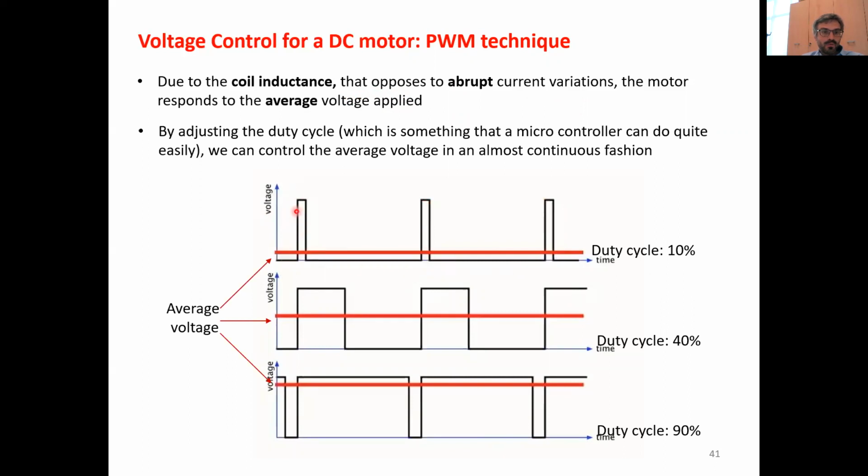So if we have a very short duty cycle, the on time will be very short and the average will be a very low voltage. If we increase the duty cycle, for example with a microcontroller, we can increase the average voltage, and with a 90% duty cycle, the average voltage is almost equal to the maximum voltage.